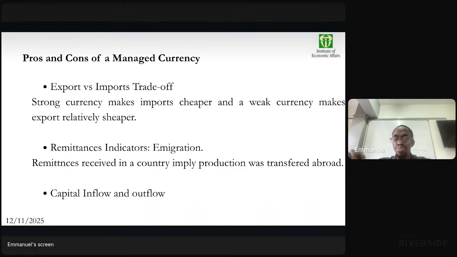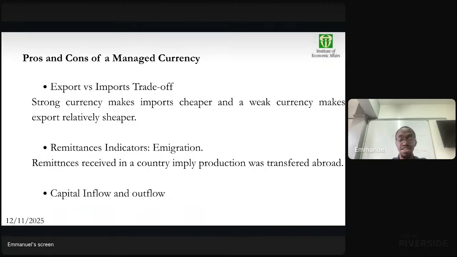The first main point is this: when currencies are being managed, the government is picking winners or losers. When currencies are strong, those who export are at a disadvantage, and those who import are at a relative advantage, right, compared to the other guys.